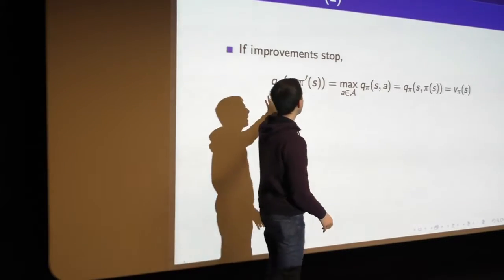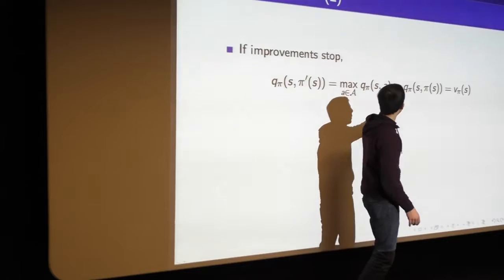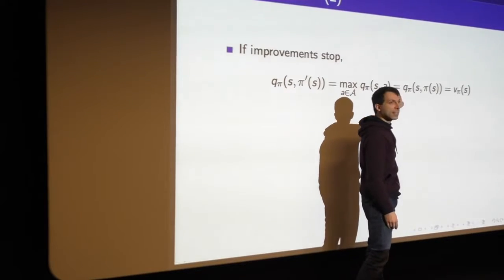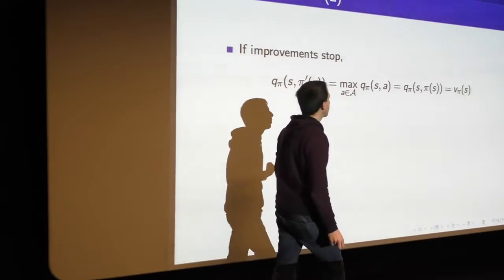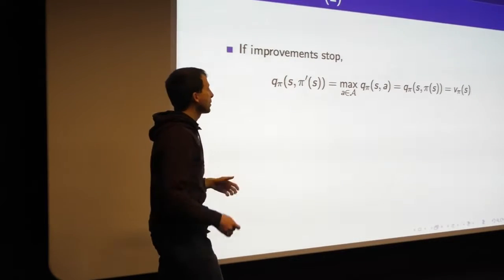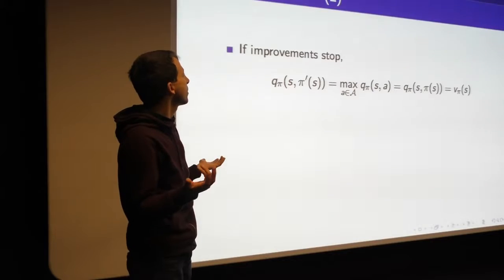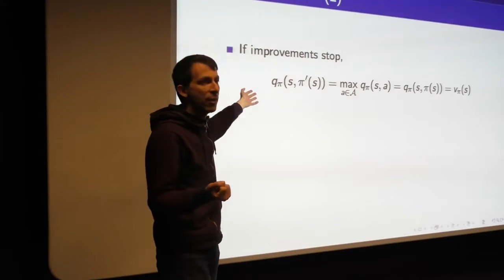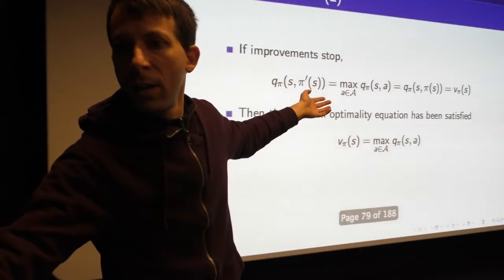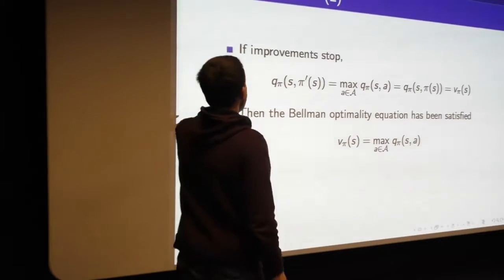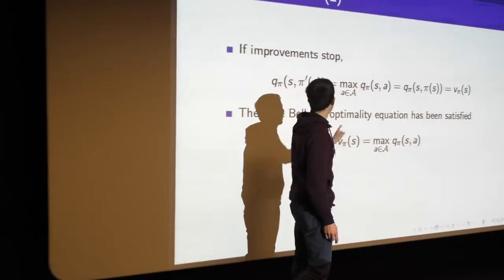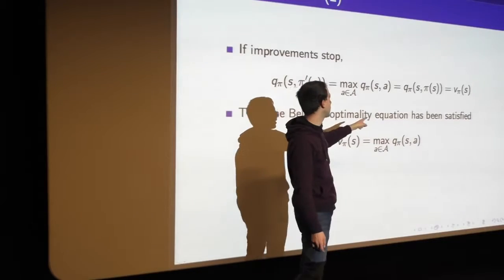So we're just going to plug in the same equation we had before, but now we're going to plug in equality instead of this less than or equals. And we want to know, what do we know about this? The good news is that if improvement stopped, then we've just written out the Bellman equation. In other words, if this is satisfied, then we have satisfied the Bellman optimality equation.